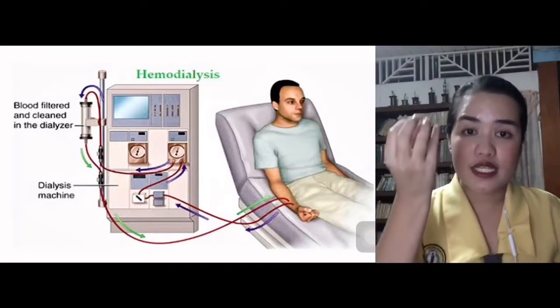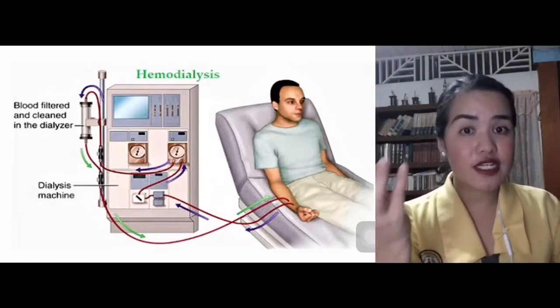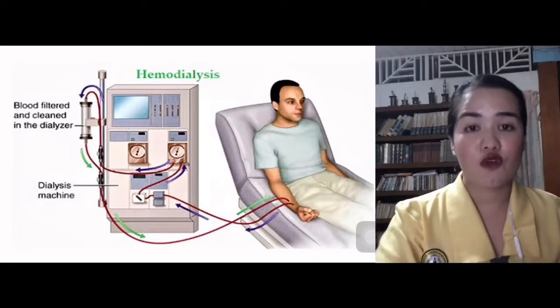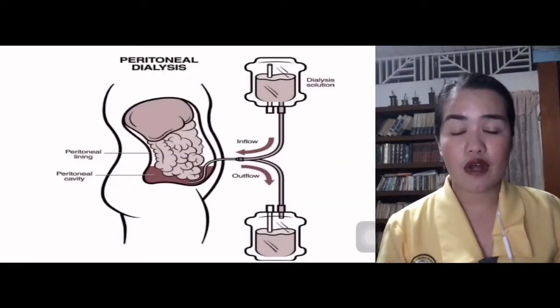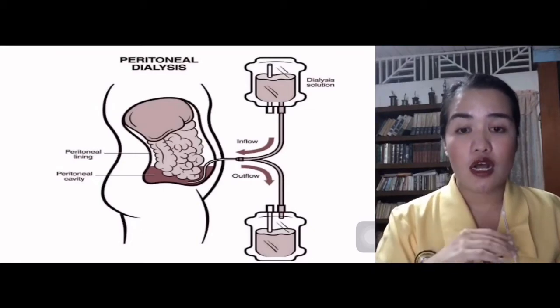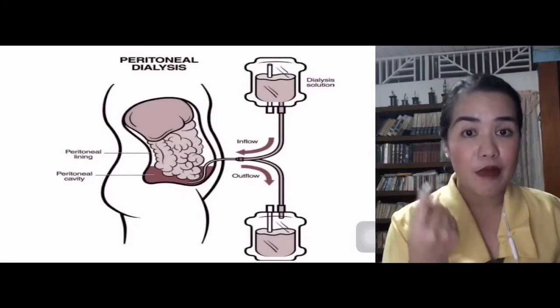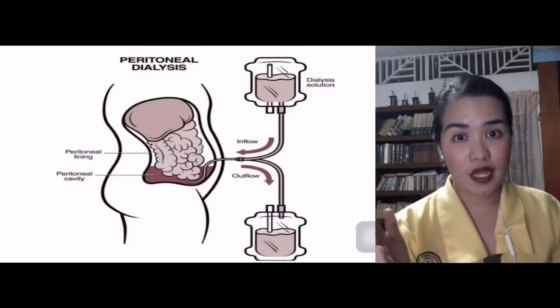Once it is purified, it will travel through the second collection tube back to the patient for circulation. Peritoneal dialysis, on the other hand, uses the peritoneum in the abdomen as the semi-permeable membrane that will filter out the toxins from the blood.